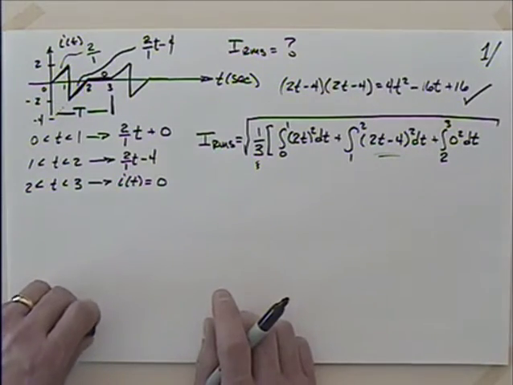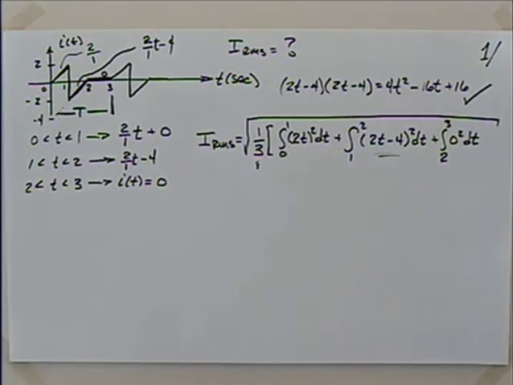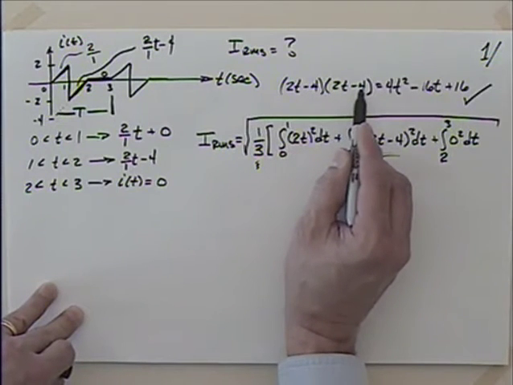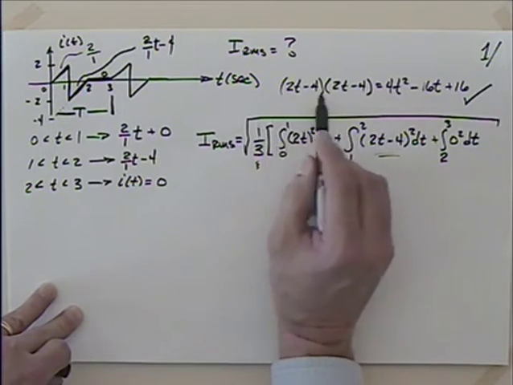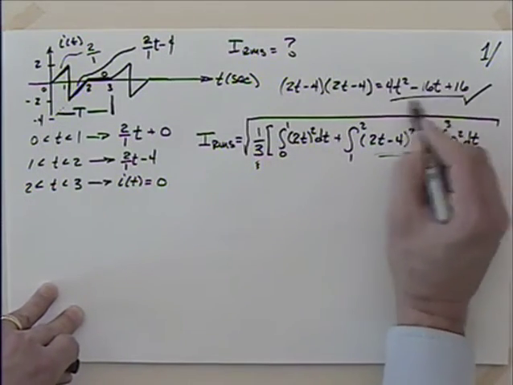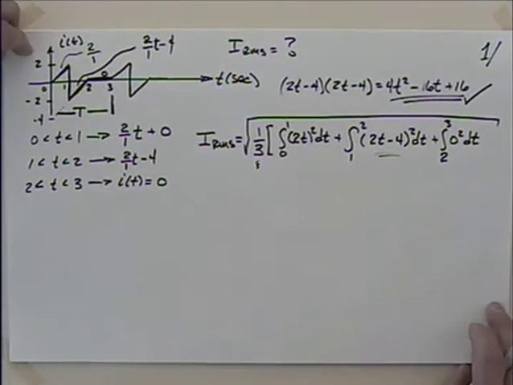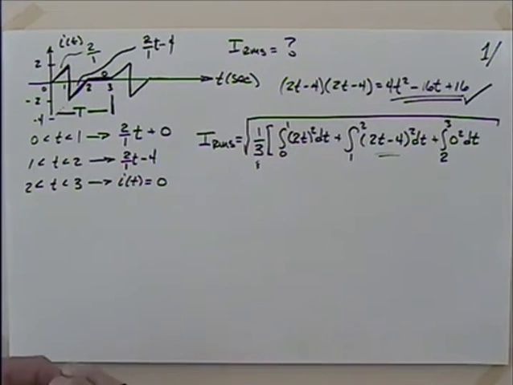Is that how you do that? I think so. What am I going to have? 2t times minus 4 will give me minus 8t, and then I do that again. Yeah, minus 16t. Those are positive. So we've got to make sure we have it for that. A lot of people in a stressful situation like an exam will try and sell that off as 4t squared minus 16, which of course it is not.